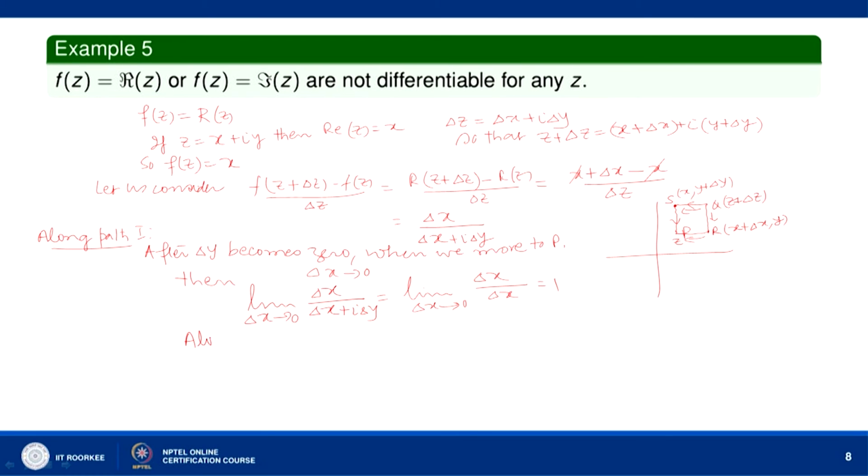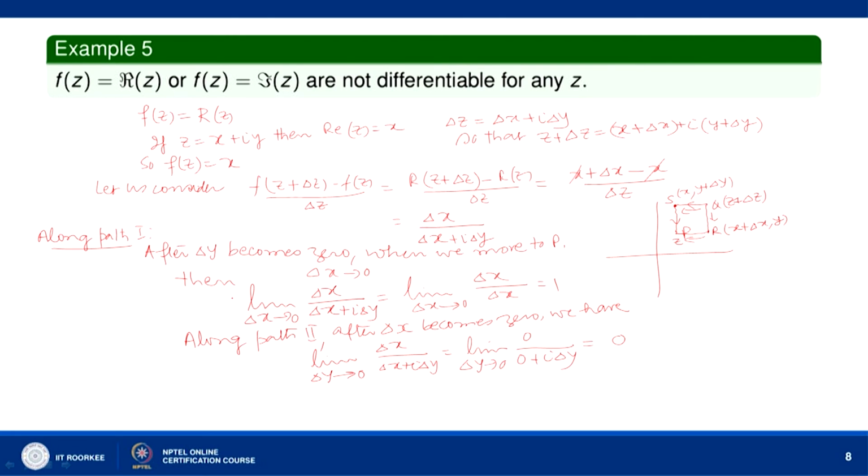So, along path 2, after delta x becomes 0, we have limit delta y tends to 0, delta x over delta x plus i delta y equal to limit 0 divided by, delta x has become 0, 0 plus i delta y. This is equal to 0.